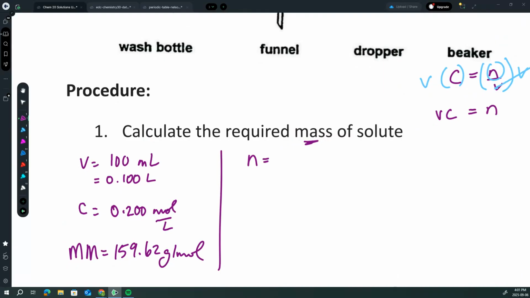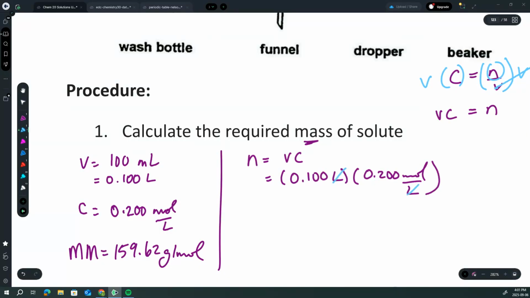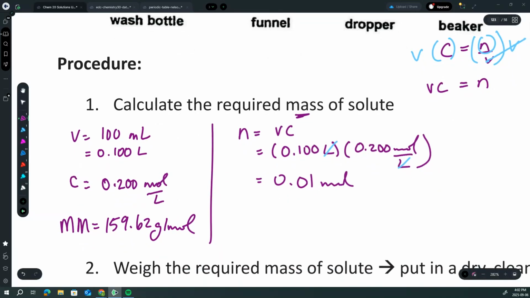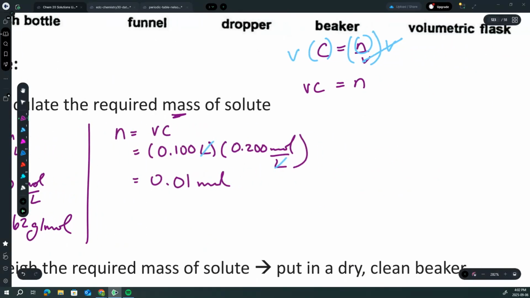Moles is equal to volume times concentration. Volume is 0.100 liters, then we have 0.200 mole per liter. The liters cancel out, so we're left with 0.01 moles. I haven't put this in the correct sig digs, just because it's not my final answer, so I'm not going to worry about sig digs right now.